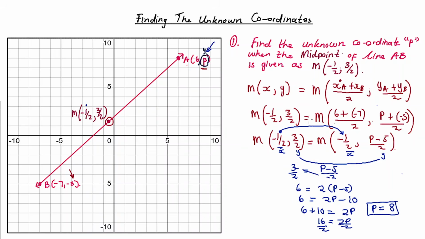So with the midpoint, you need the coordinates for the midpoint. So you just write them on the left hand side like this, and then on the right hand side you're going to use the formulas.